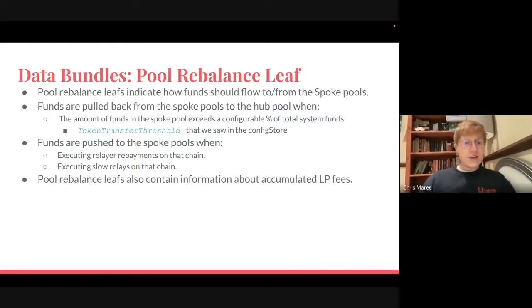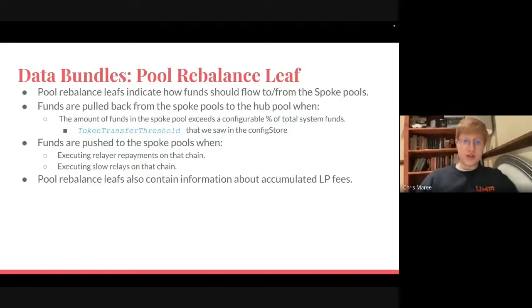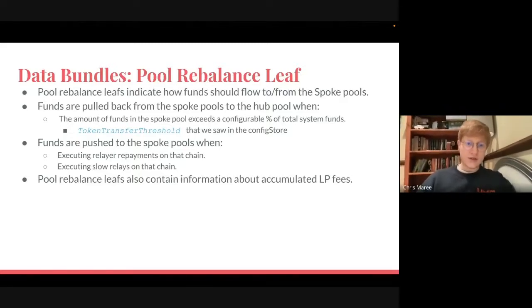And then funds are pushed to the spoke pools, which is also part of the pool rebalance leaves, when we execute a repayment on that chain or we execute a slow relay. A relayer repayment on that chain would happen if a relayer chooses to be refunded there. This detail I didn't really mention earlier, but when a relayer fills a relay, they can choose where they want to be repaid.